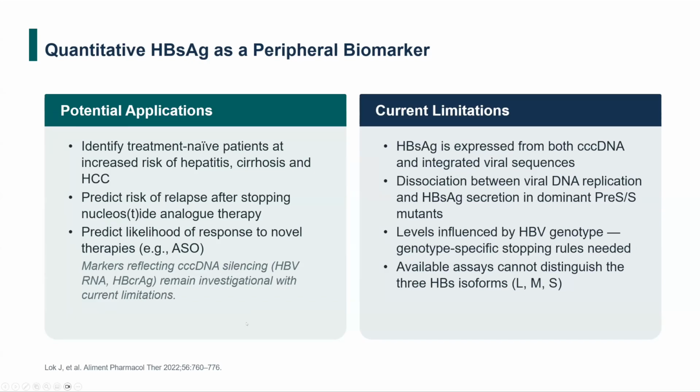And more importantly, predicting response to the novel therapies coming through the pipeline would be the major application of quantitative HBs antigen testing. On the right side, there might be some limitations of quantitative HBs antigen testing, but these may not be limitations, just points we have to consider in the interpretation of the results.